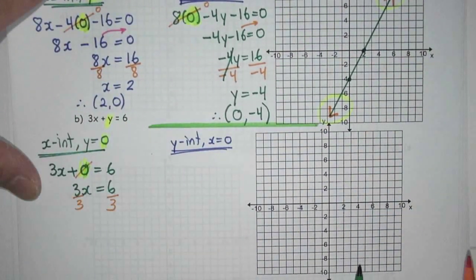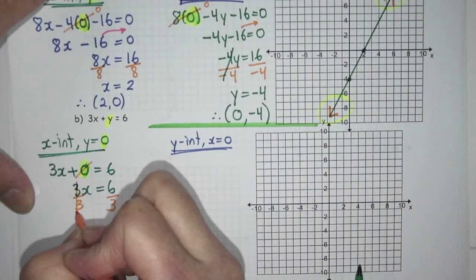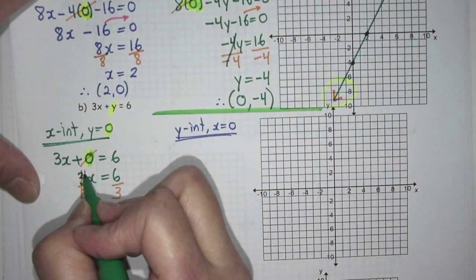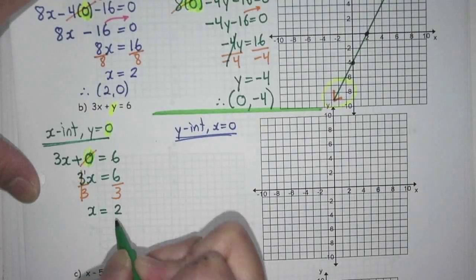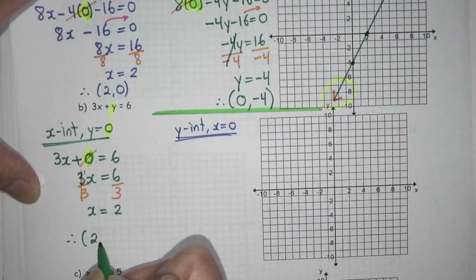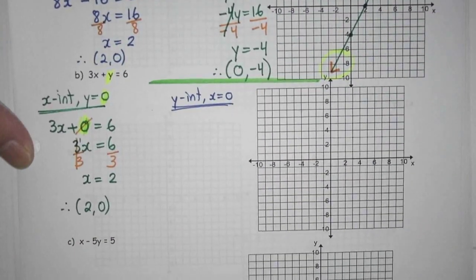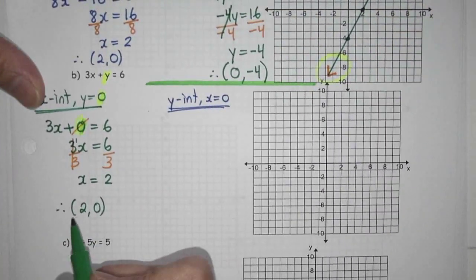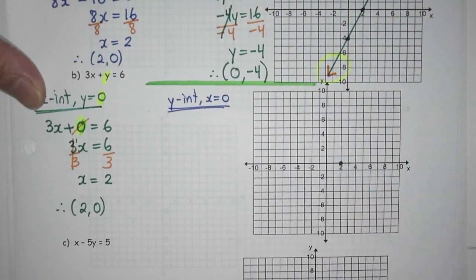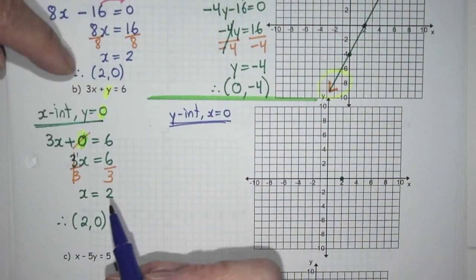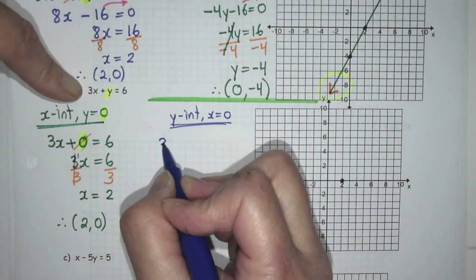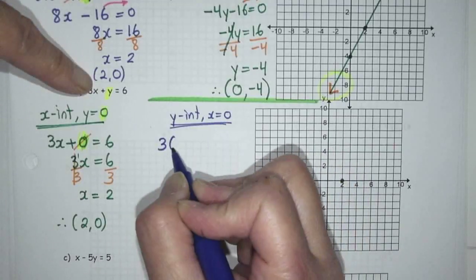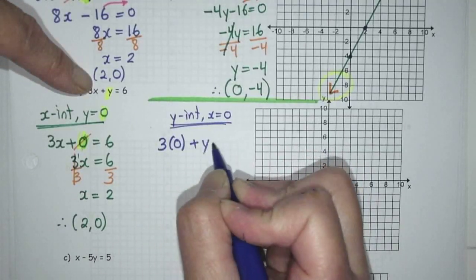I'm going a little faster now because I'm hoping that the solving part is getting easier. That becomes a 1, so x equals 2. So therefore, it's (2, 0). You can plot that right away if you want, (2, 0). So that's 1 point. The y-intercept, you're going to take the same equation, and wherever I see x, you're plugging in, subbing in 0.